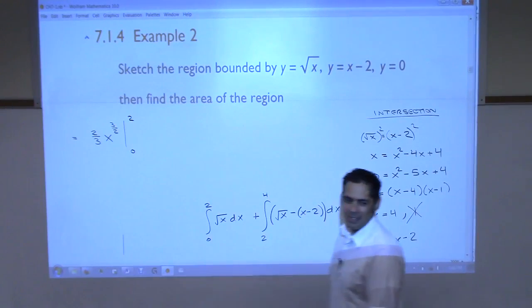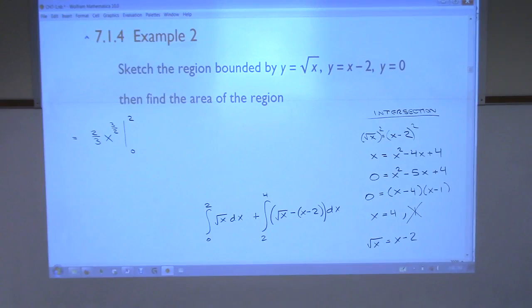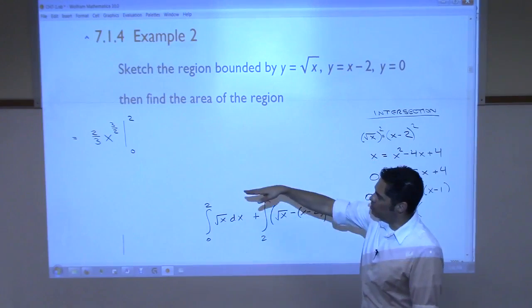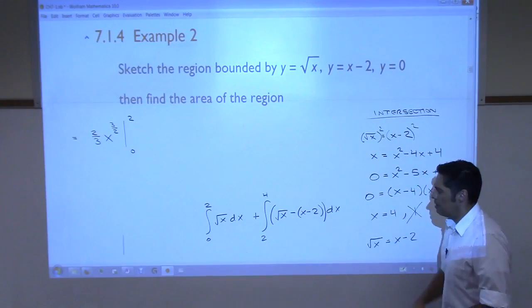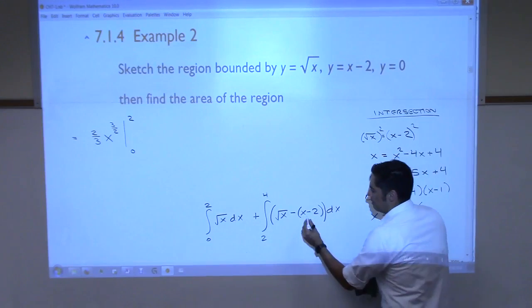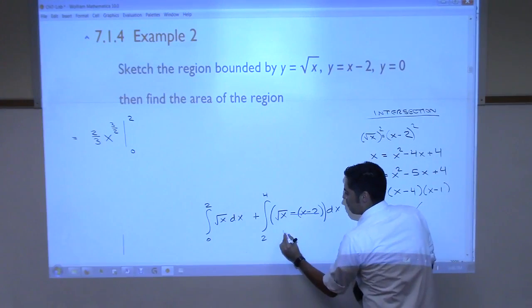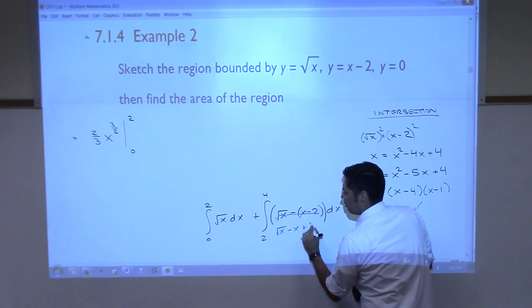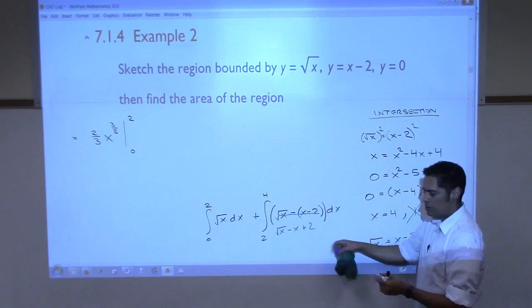That is correct. So that's the antiderivative, evaluation bar, 0, 2. I'll take care of that in a minute. Let's do this one right here. And just to save myself one line, this right here becomes what? Root x minus x plus 2. Right? That's what this is when I distribute.